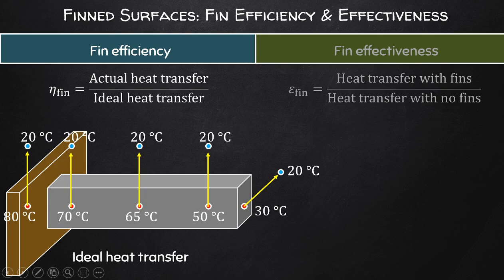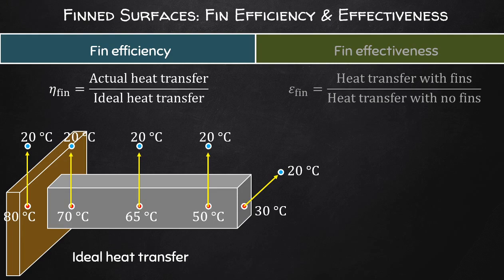Now consider if we dropped the temperature across the fin so that those parts which are furthest away have a lower temperature gradient to utilize for heat transfer. Now the question is, how is the rate of heat transfer affected from the surface to the fin and then to the fluid? This is the real case.